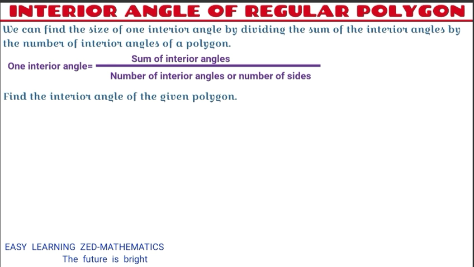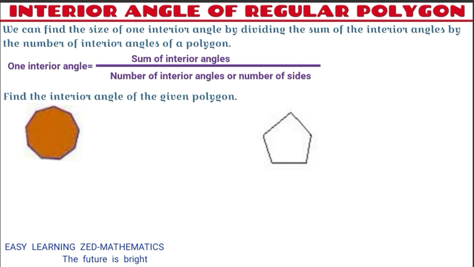So here are the questions. We have got: find the interior angle of the given polygons. We have this polygon and this polygon. These are the two polygons we are going to use.